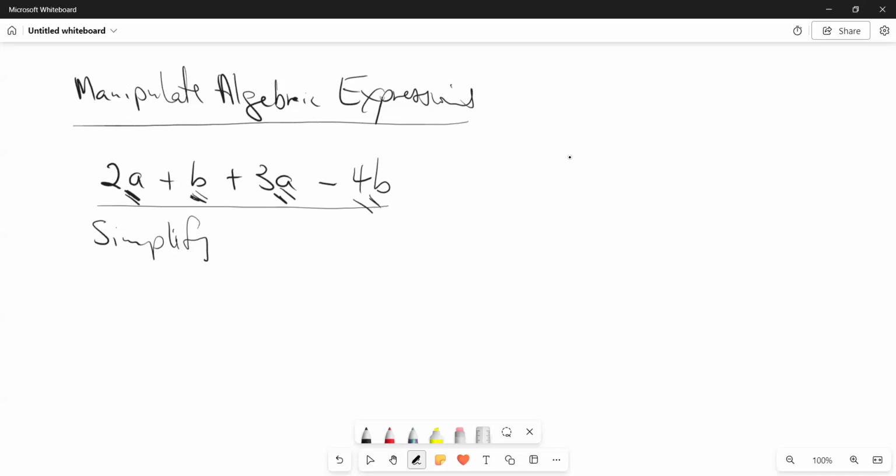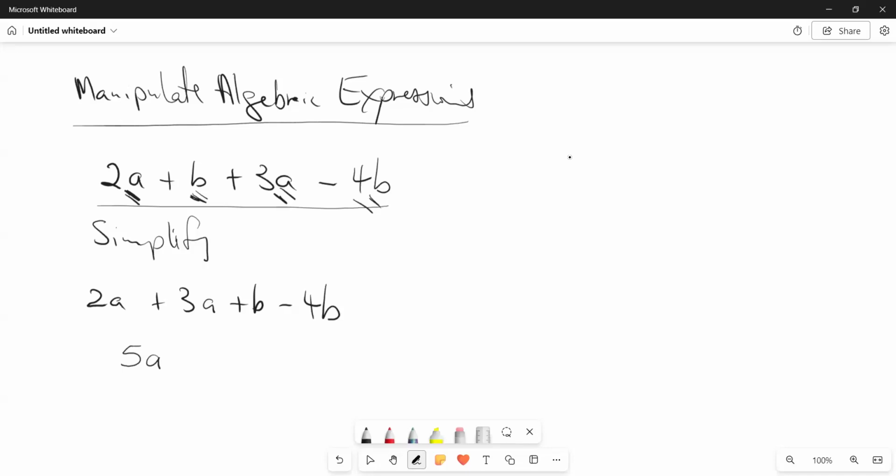So 2A and 3A, you can write that together. 2A plus 3A, then you have plus B minus 4B, right? So now you can simplify it. 2A and 3A will be 5A. That's like 2 apples plus 3 apples equal 5 apples.